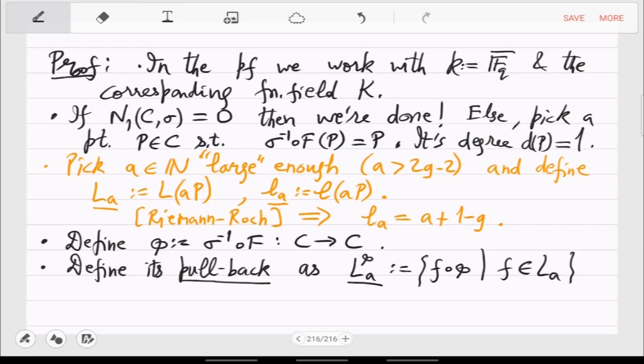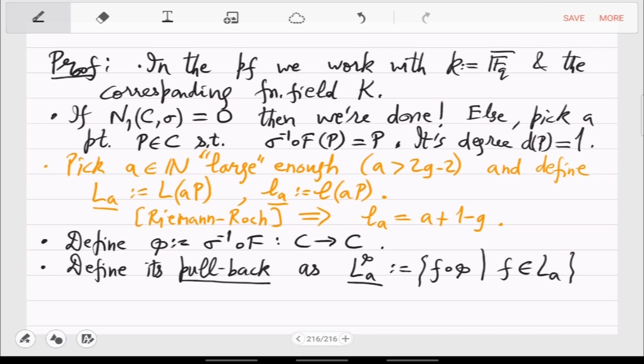So f composed with phi will be your function on the left hand side and f is the function on the right hand side. Okay, so this is pullback, but you don't need the geometric picture.